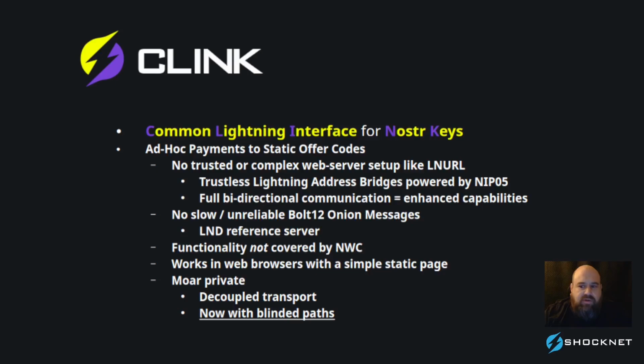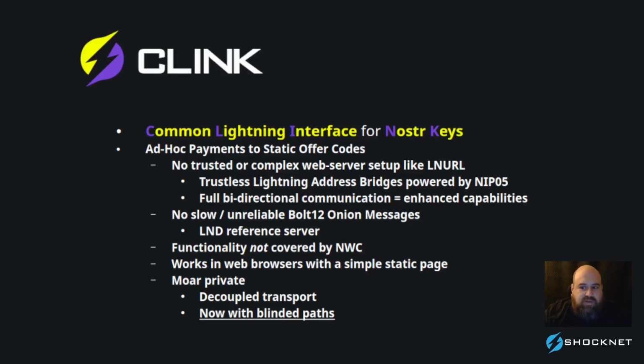Now, I say it's similar to Bolt12 in that it's traversing invoices, but it's not doing that over Lightning. If you ask me, arbitrary data over a payments protocol is analogous to JPEGs on the blockchain, but Bolt12 uses onion messages also, so it's sort of like Tor. It's extremely unreliable because you have that bouncing all over hops as opposed to a static Nostr relay running on a server somewhere.